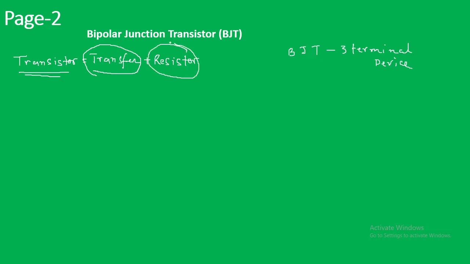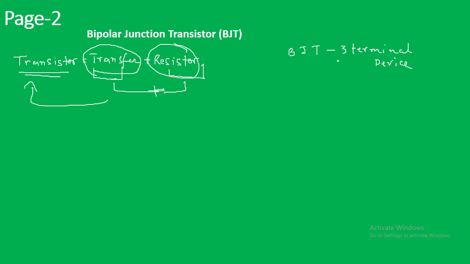During normal working, BJT transfers a weak signal from a low resistance input circuit to a high resistance output circuit. So that is why it is the term. From here we have trans, here we have resistor. Together if we add them, we get this term transistor.